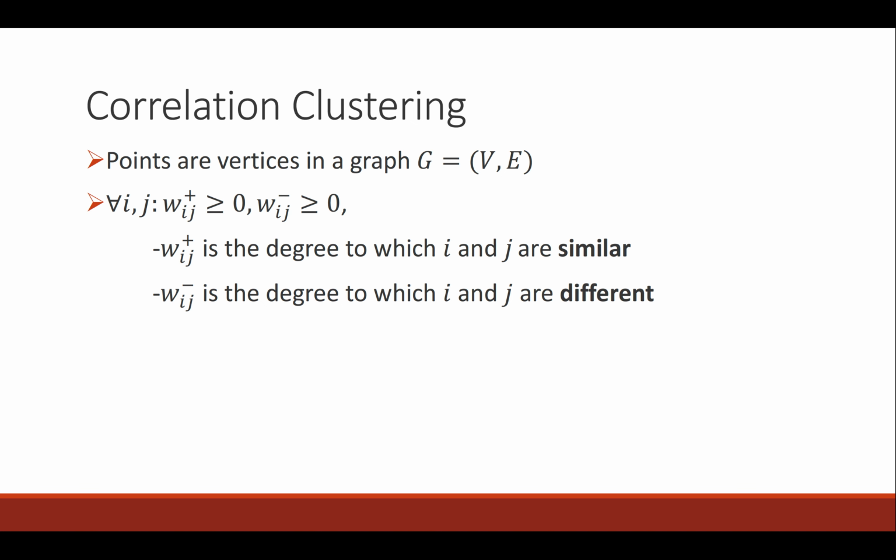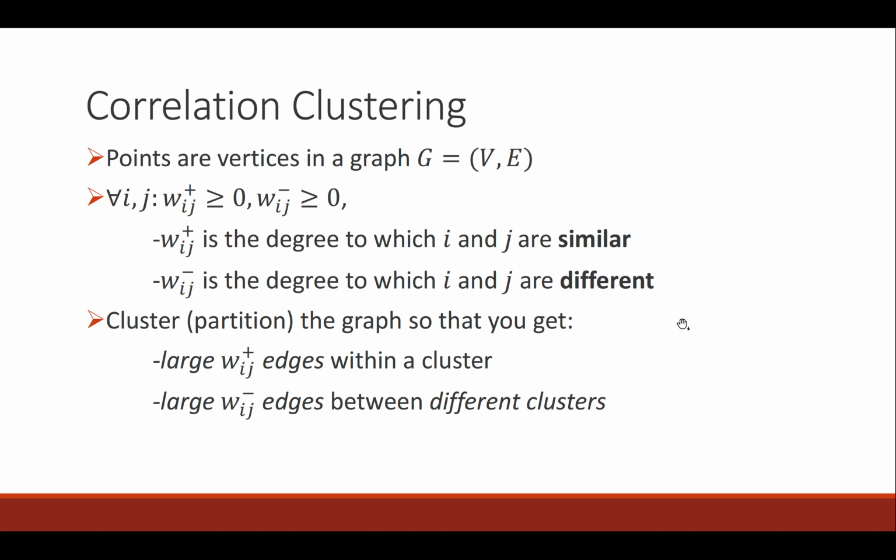And you can now sort of think of a clustering objective. We basically want to cluster the points in such a way that the points within the same cluster have large wij plus value, and the points in different clusters have large wij minus value, that is, they're dissimilar. In fact, that's what we're trying to do.